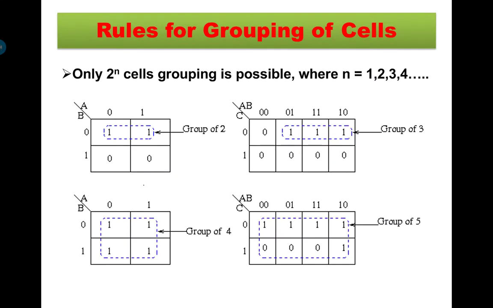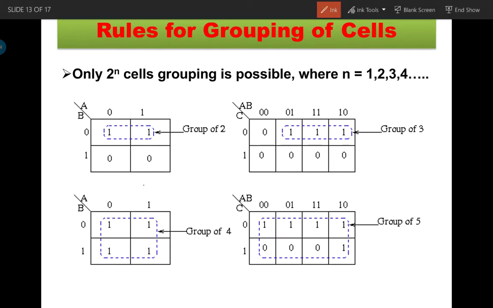Now the next one is, here we will see the number of cells that we have to group, right? So for a given Boolean expression, whether it is 2 variable or 3 variable or 4 variable, similarly we have a number of cells. For 2 variable the number of cells is 4.